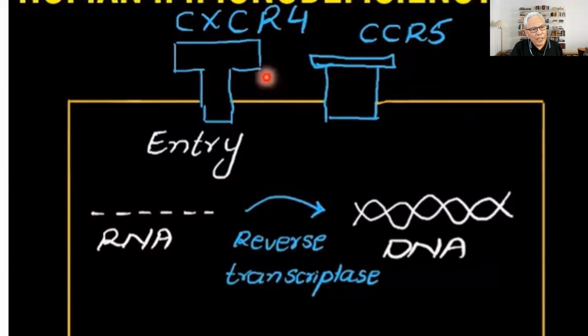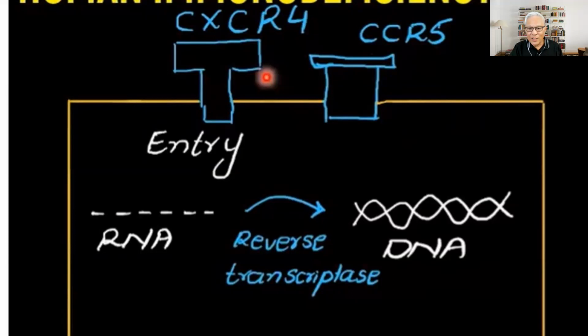Now, if you take a look at this particular illustration here, we have receptors called CXCR4 and CCR5. So these are receptors for HIV to enter into the CD4 cells. So these are the doors upon which HIV is going to come into the Th cell.